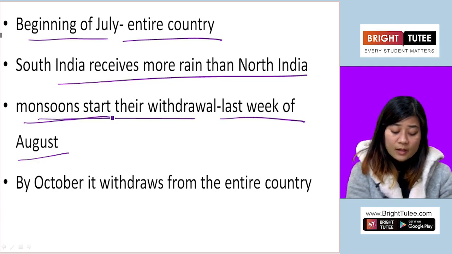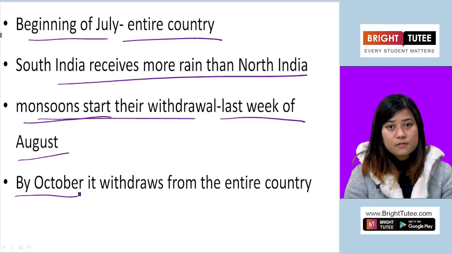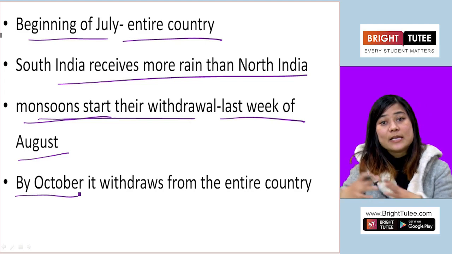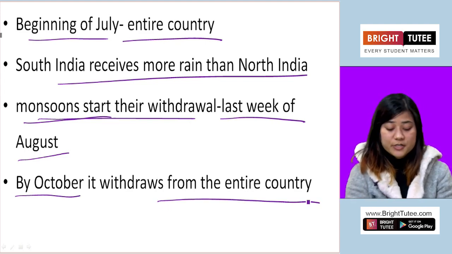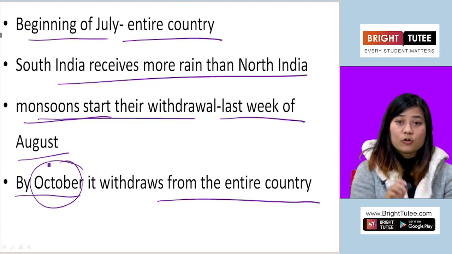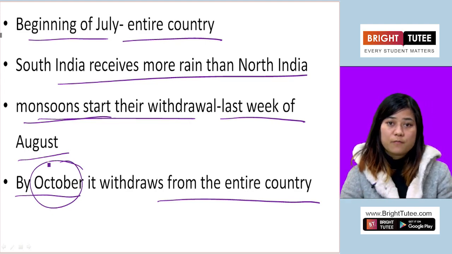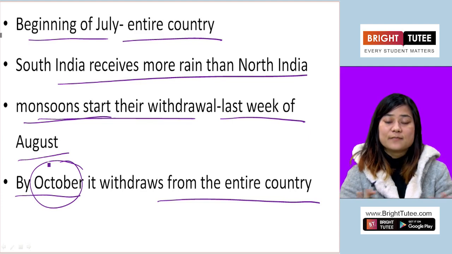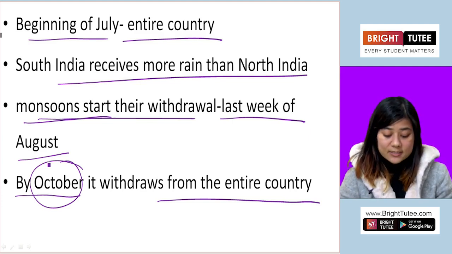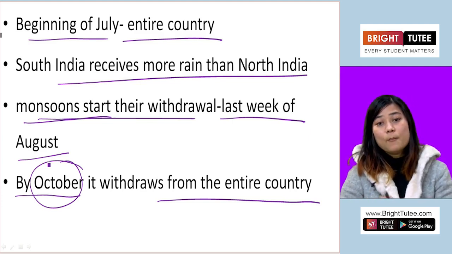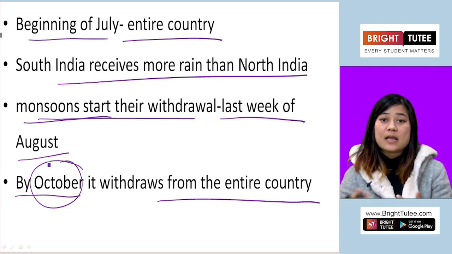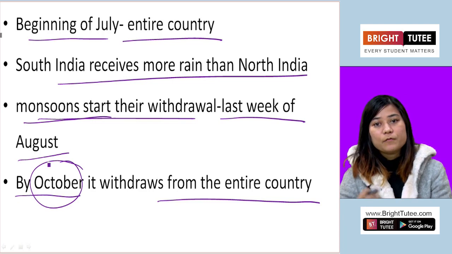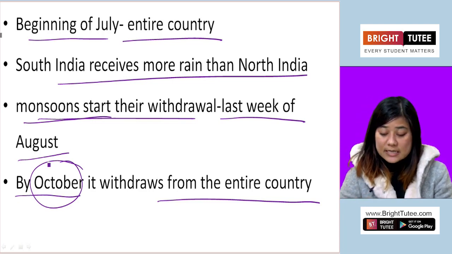And by the month of October, it finally withdraws from the entire country, which means by October there is no rainfall. The rainfall has finally come to an end. So this is how the monsoon in India occurs, and these are some of the main characteristics of the monsoon that we experience in India.